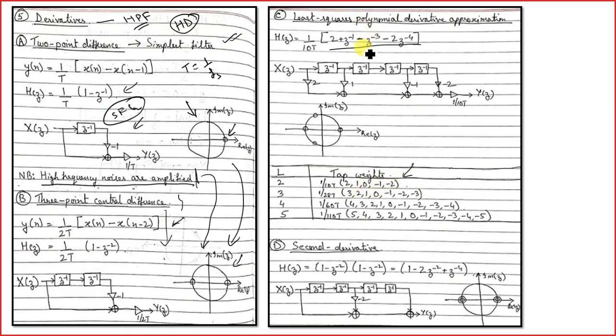The z to the power -2 component is not there, that means it is 0 multiplied by z to the power -2. Similarly, for 3 tap weights, it is 3, 2, 1, 0, -1, -2, -3. So it is simpler to remember the derivative filters.